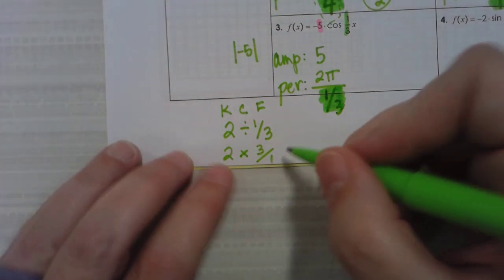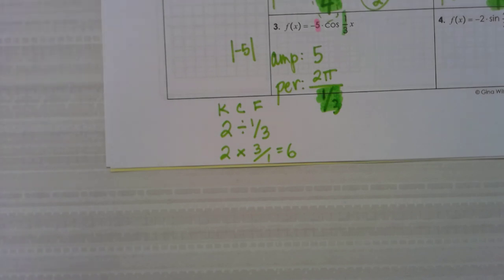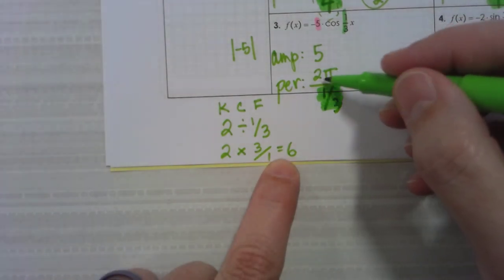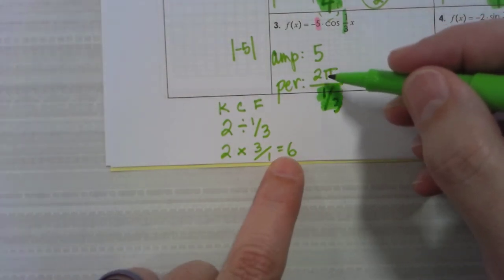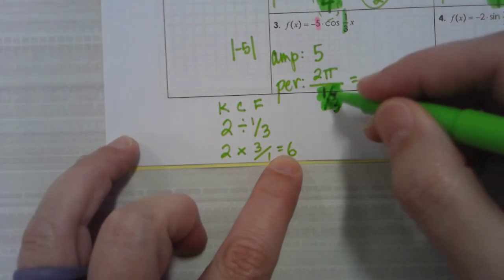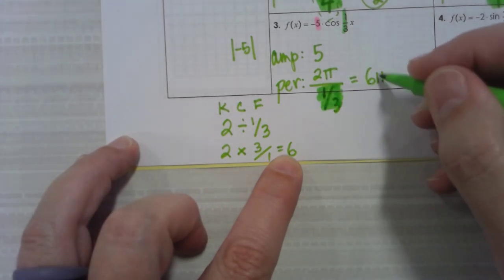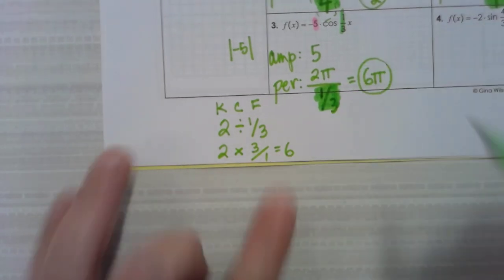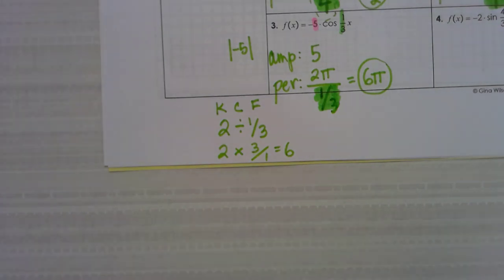In this case, it's just a 1. So this is just 6. But when we go back here, we had pi on this number, so we have to include that with our value as well. So 2 divided by 1/3 is going to give us 6 pi, which means our graph is going to be super stretched out, right? Like from 0 to 6 pi, we only get one cycle of that function.